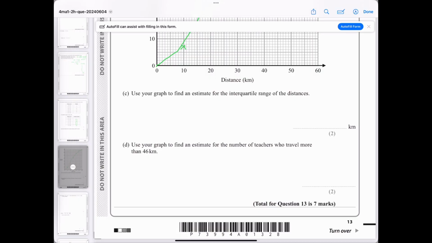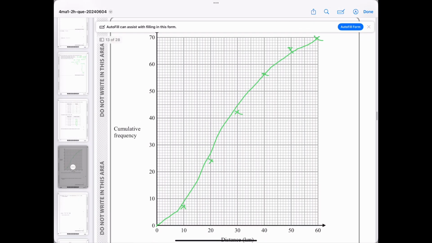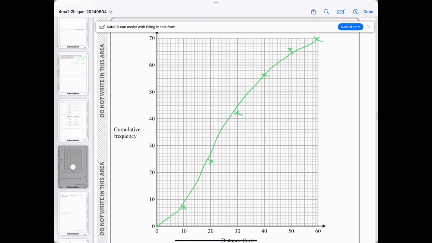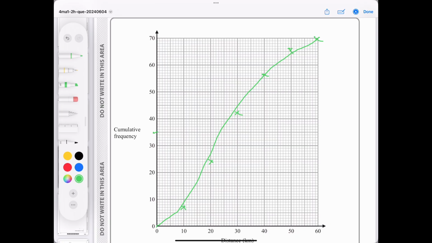Use a graph to find an estimate for the interquartile range of the distances. So we will take 70 people, so 35 is the median, and half of 35 is 17.5, so that would be here. I think that is 16-ish.